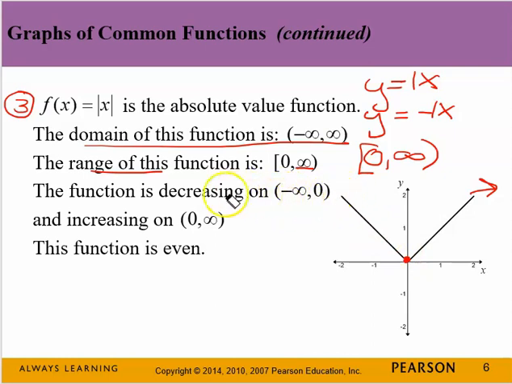Remember, this is going out to negative infinity, so coming down, it's decreasing until it gets to 0. And now just at 0, it starts going up. So it's increasing then from 0 to positive infinity. And the function is even.